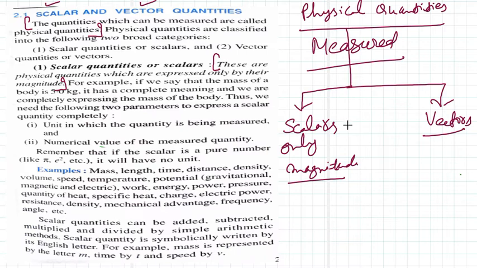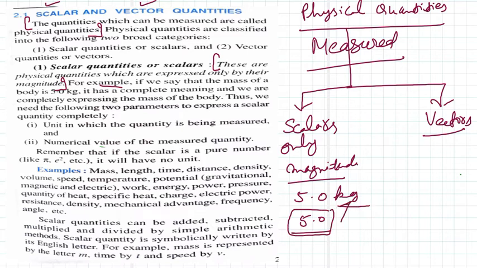Magnitude means size. These are called scalar quantities. They have no direction. For example, if we say that the mass of a body is 5.0, this would make no sense.